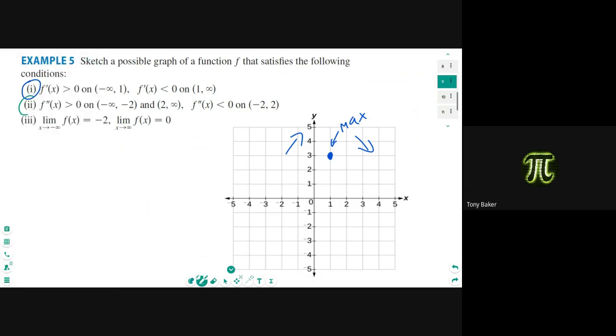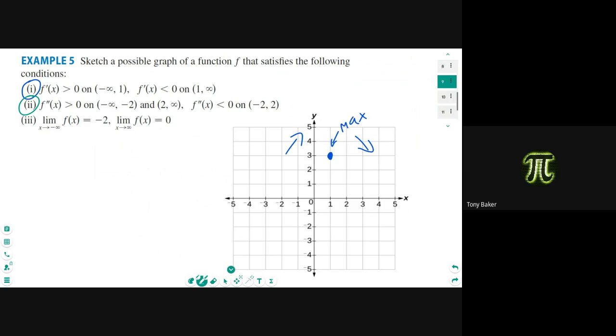The next one, great. All right. So the next one, it tells me that the second derivative is greater than 0 from negative infinity to -2, and from 2 to infinity.